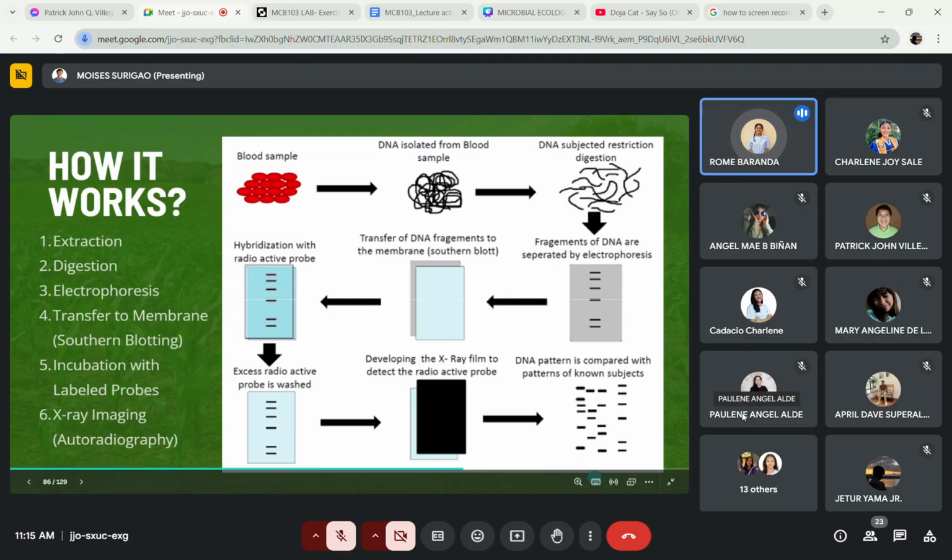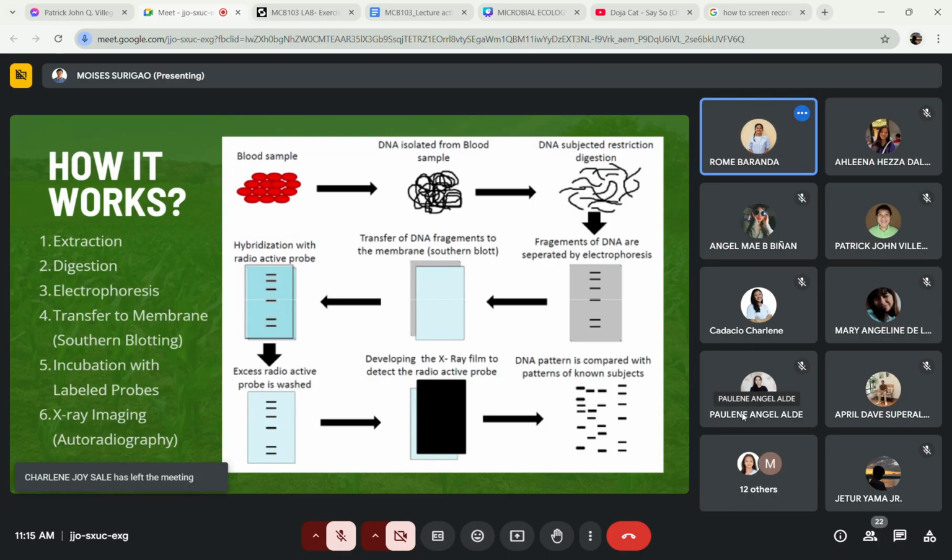And this process will create fragments of various lengths that are unique to each individual due to variations in DNA sequence. So here makita nyo, di ba? Yung isolated na DNA natin, parang coiled pa siya, very compact. Nung gitreat na siya ng restriction enzymes, nakat sila in various lengths and nag-form into fragments.